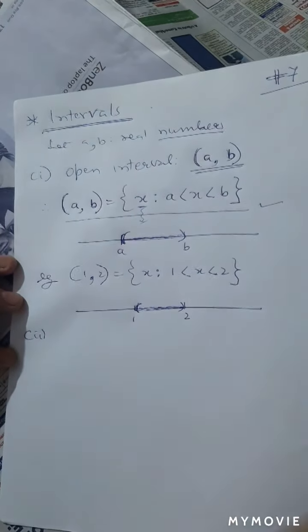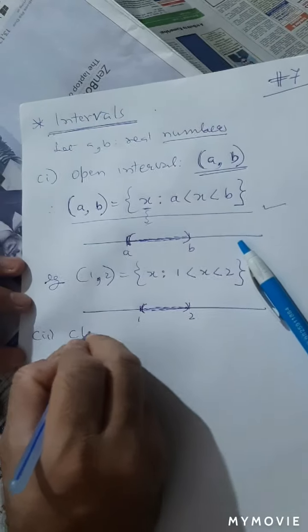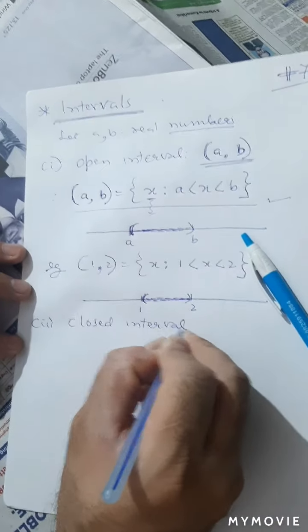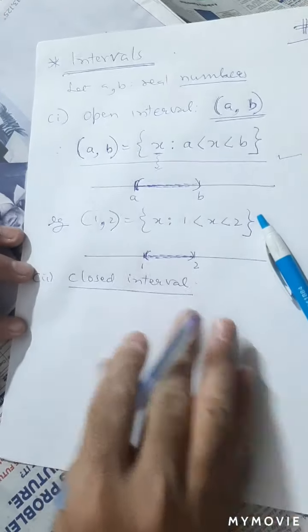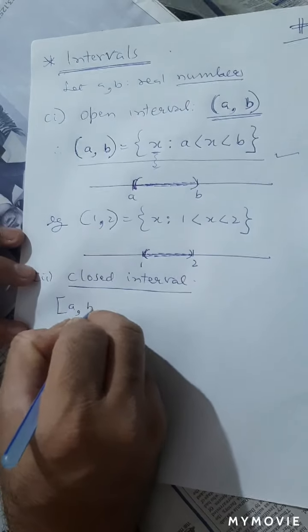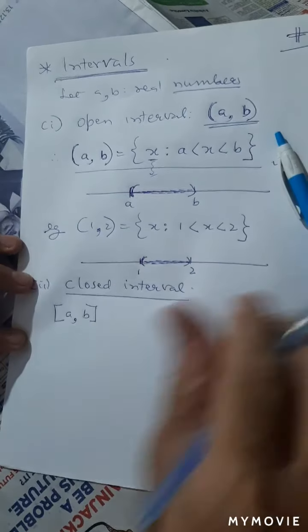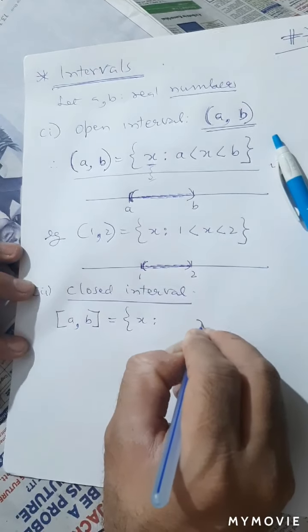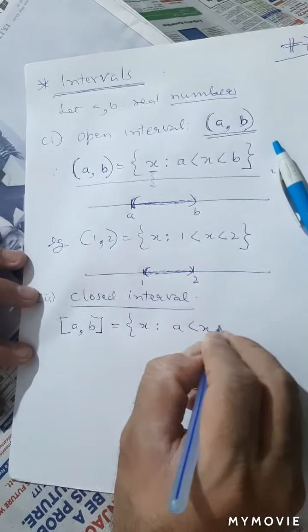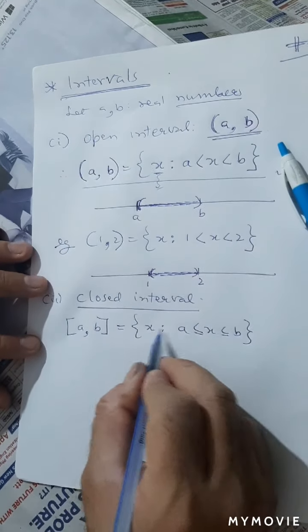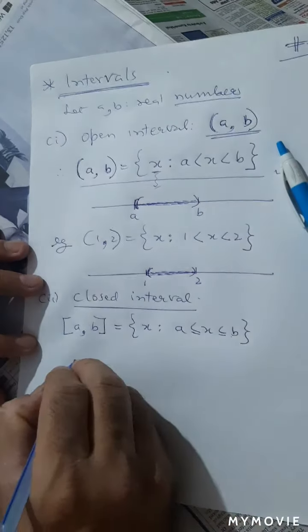Next one is the closed interval. It is denoted by square brackets, closed interval AB. So closed interval AB is nothing but all numbers between A and B, including these 2 endpoints.